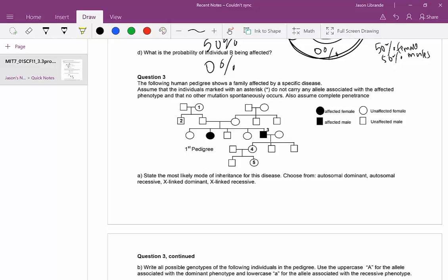Okay, question 3. So here again we have skipping of generations. So again, a very good sign that we're looking at a recessive disease.